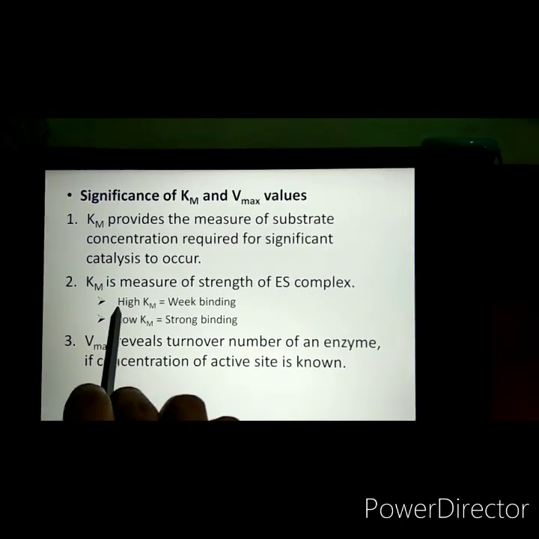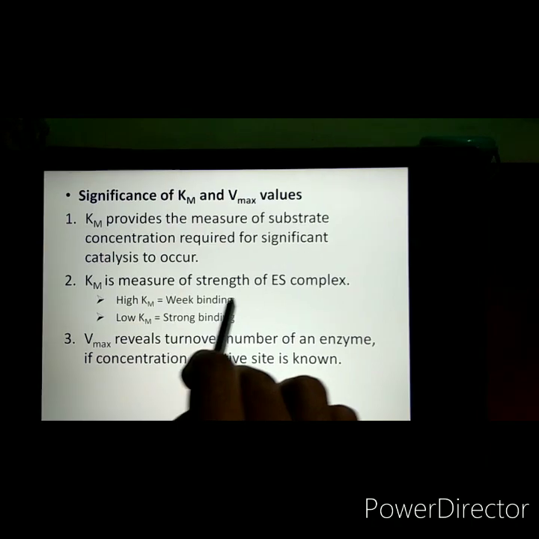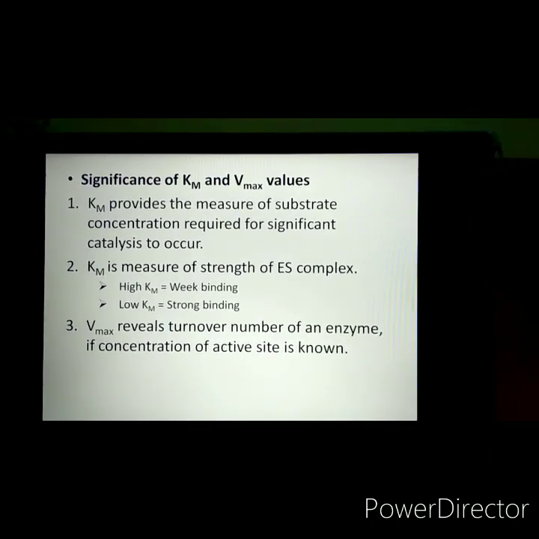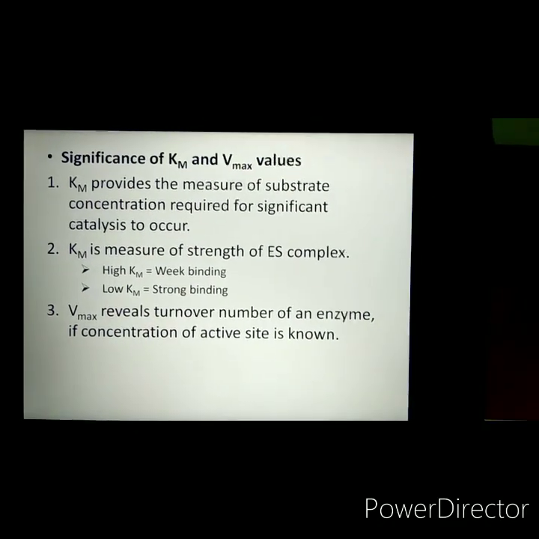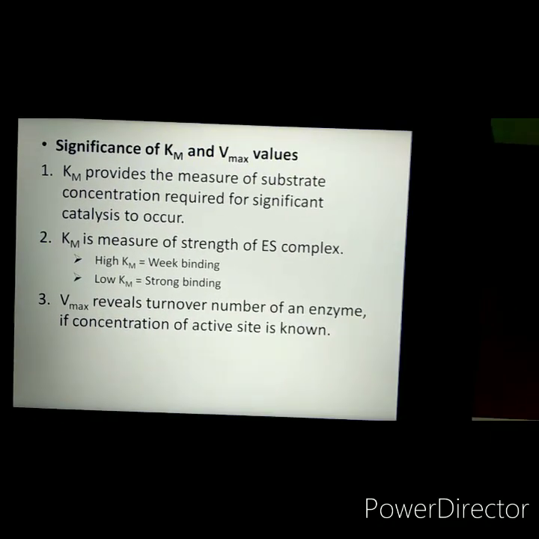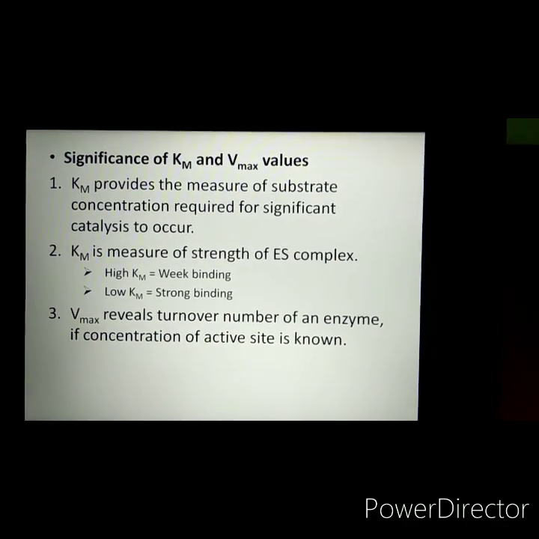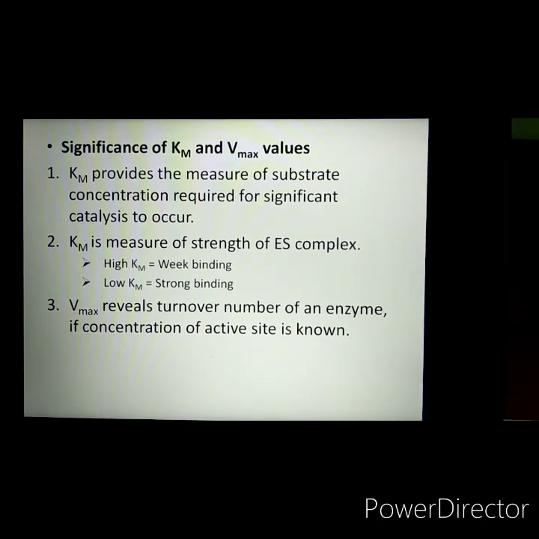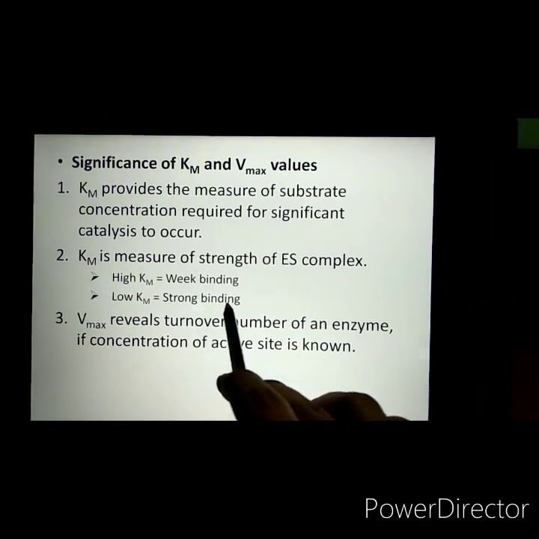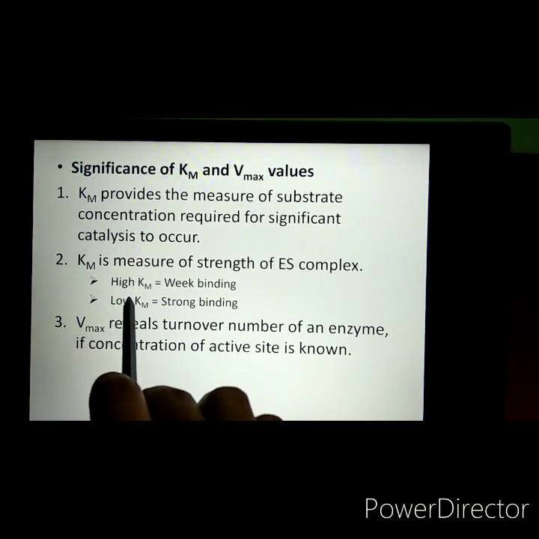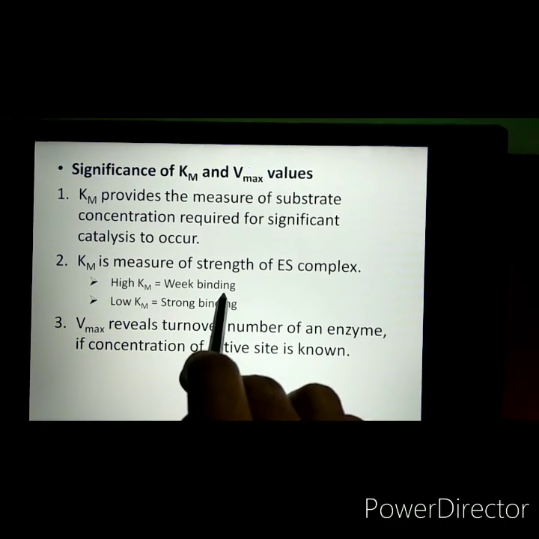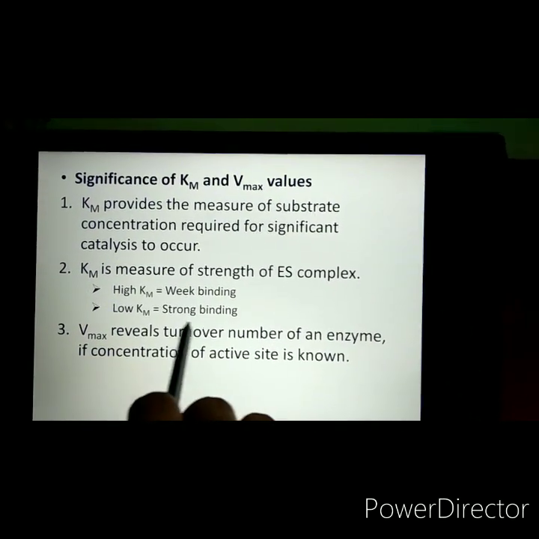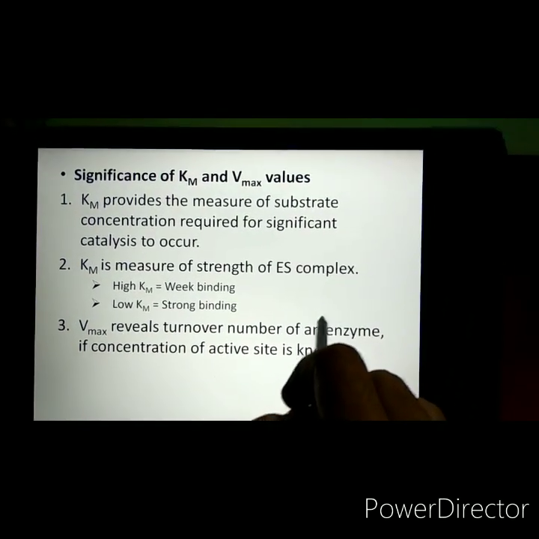At high Km values, that is weak binding, this leads to more formation of product because there is loose binding but maximum interaction between enzyme and substrate. Weak binding means maximum interaction, while strong binding means less interaction. Therefore, high Km values mean weak binding and more product formation. Low Km values mean strong binding and less product formation.